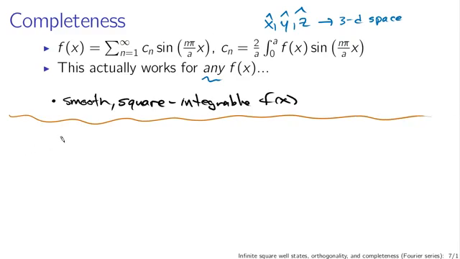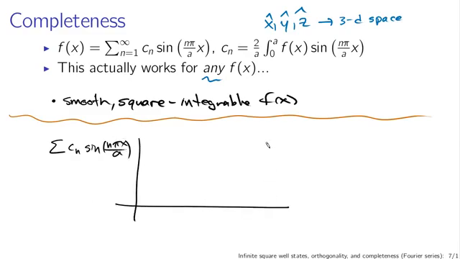Just to say very briefly, conceptually, how this works. This works because it is possible to write a sum of c sub n sine of n pi x over a, such that if I plotted this as a function of x between 0 and a, I can make functions that look like this. I can make functions that are very sharp and very tall.